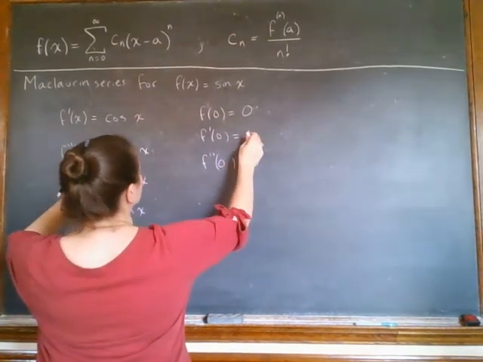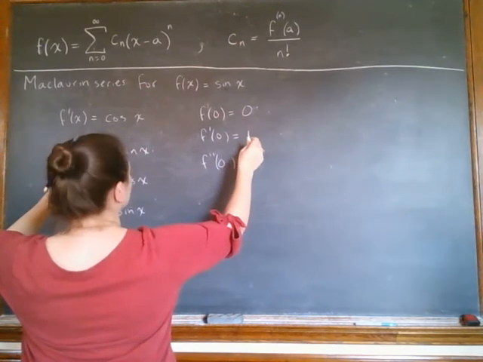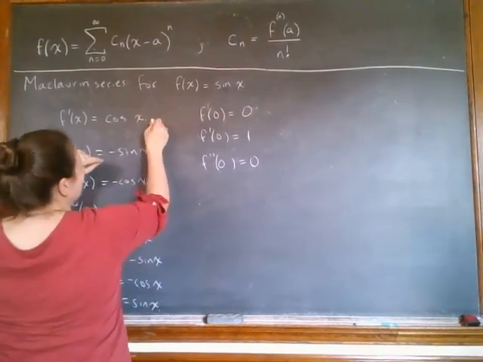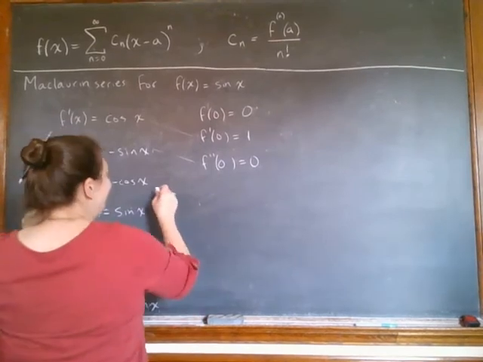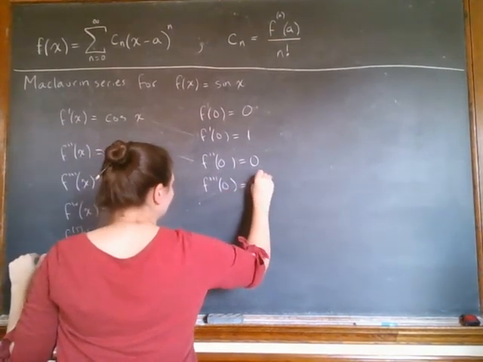Oh. Look. Wait, what's going on here? Oh yeah, that's right. Okay. This one goes with this one. This one goes with this one. All right, that's why I was, what am I doing? There we go.